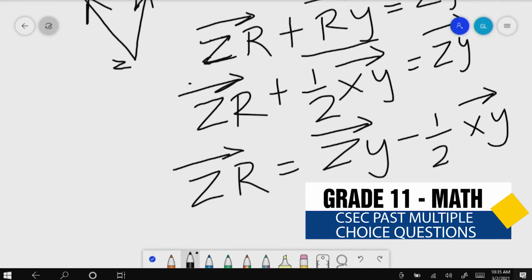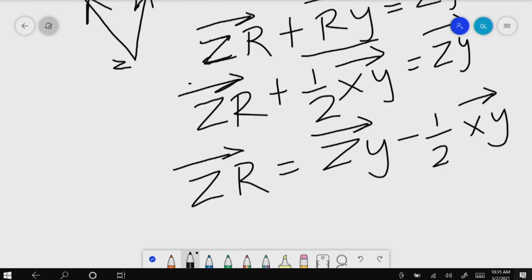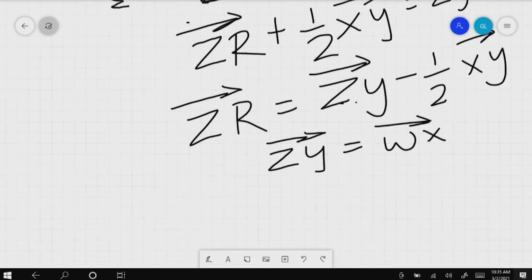However, when we look at the solution there, no vector was written in terms of XY. It was given in terms of ZY and WX. Now here's where we need to make the comparison to show that ZY is equal to WX. ZY, that is vector ZY, is equal to vector WX, because it's a parallelogram.